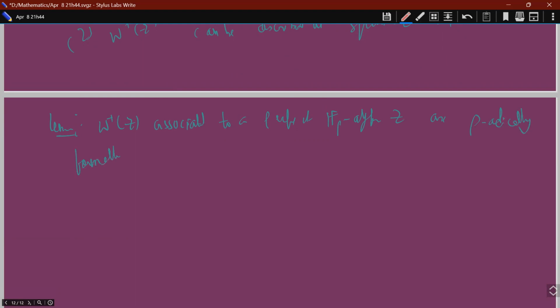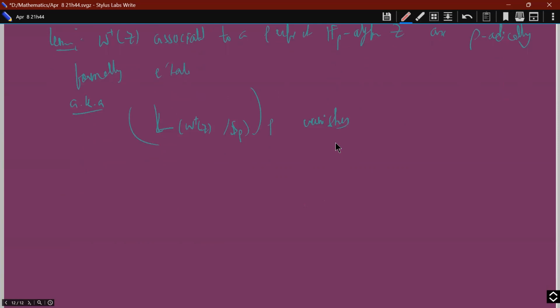Periodically formally étale just means that the p-complete cotangent complex vanishes. So that is what I mean. Right? So okay, maybe let's go.